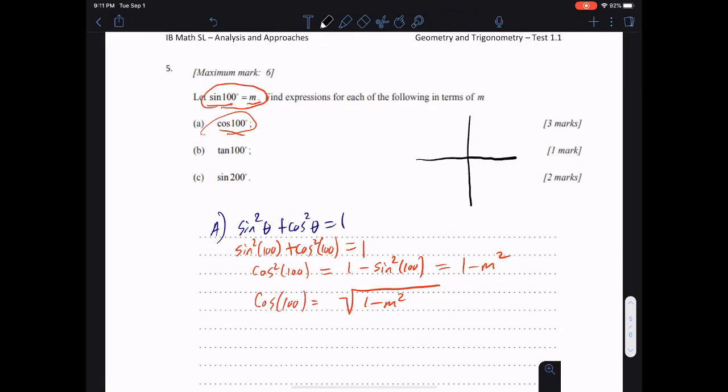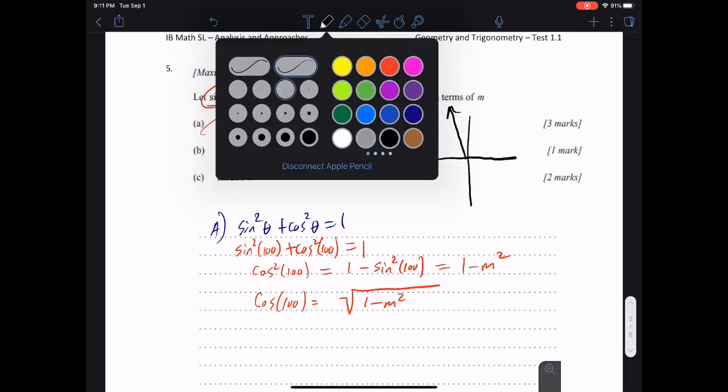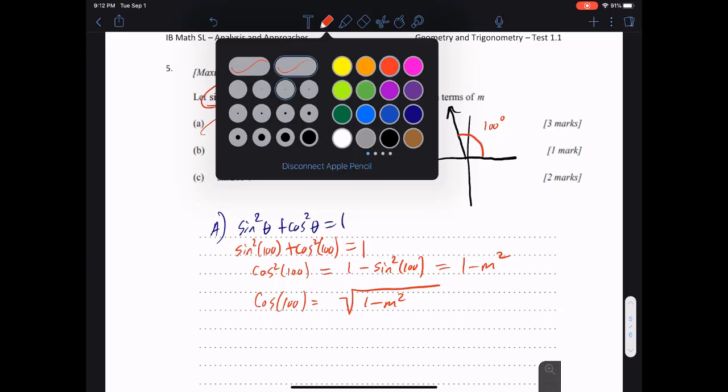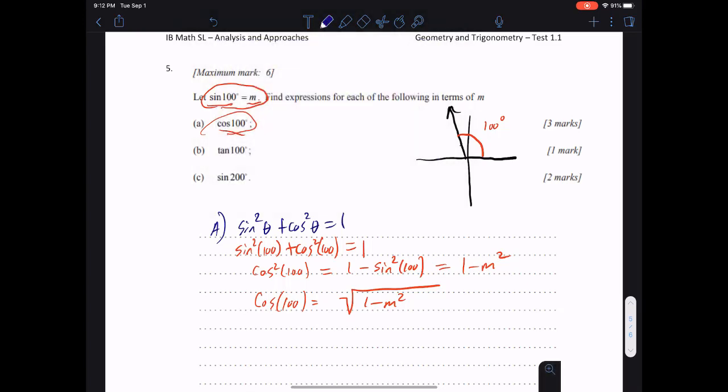If you are at 100 degrees, which is kind of like about here-ish, it's kind of narrow here, and this is 100 degrees, we'll call that. You're going to use the reference angle to find all the trig ratios, this reference angle right here, and create a right triangle. But what you need to be mindful of is in this quadrant, your x is negative and your y value is positive. So this is going to be a negative x value, positive y value, and your radius is always positive.